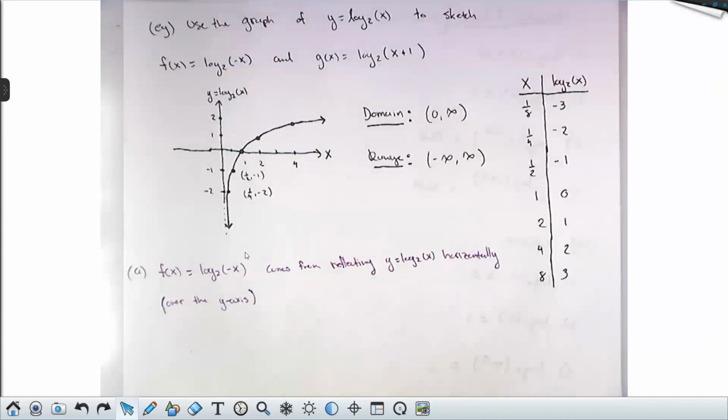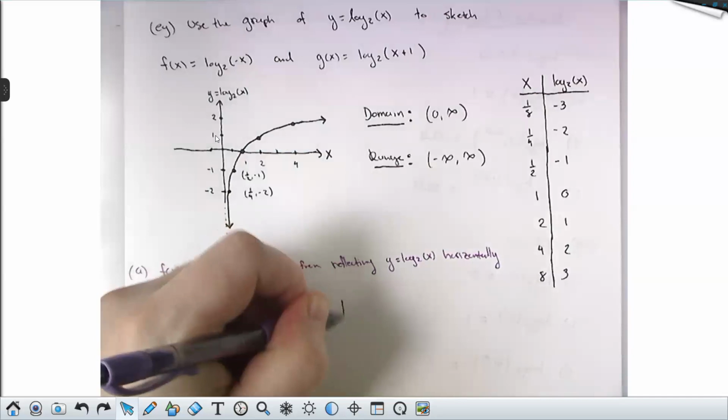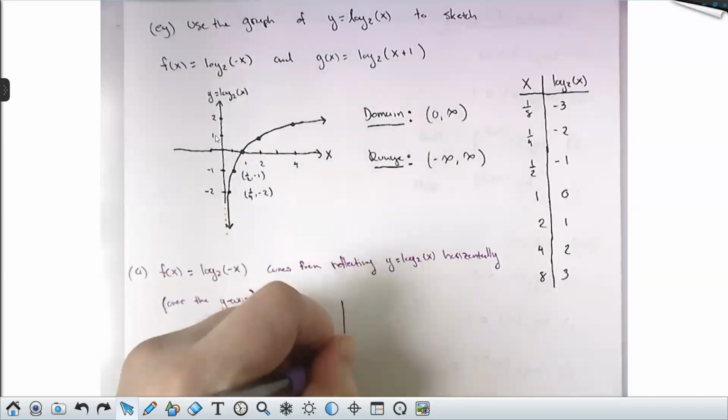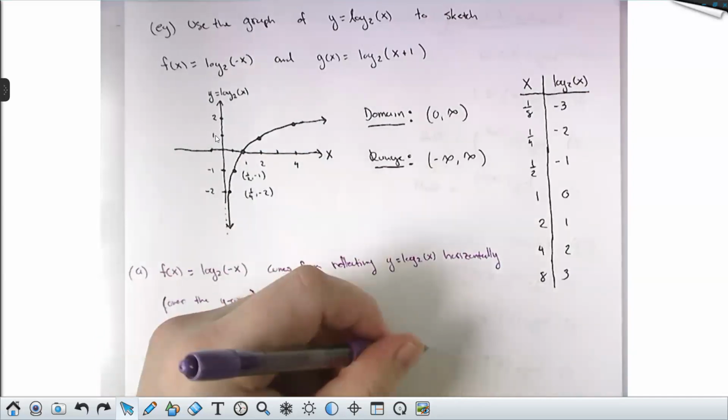So this first guy I want to graph comes from taking the graph above and flipping everything over the y-axis. What that means is we can sketch the shape of this thing right away. We don't have to plot points or anything.